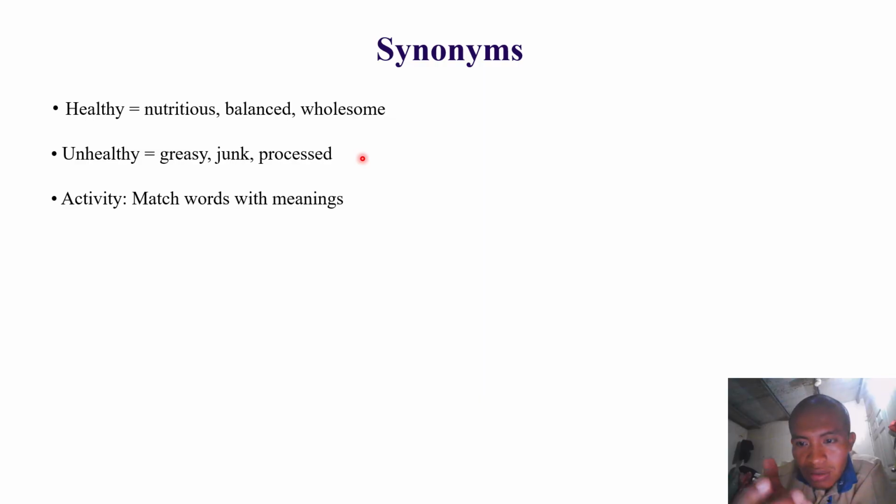So when you're writing or speaking, you can use these in order to be creative or interactive. Unhealthy is the same as greasy or junk or processed. So try to use these in order to avoid repetition.